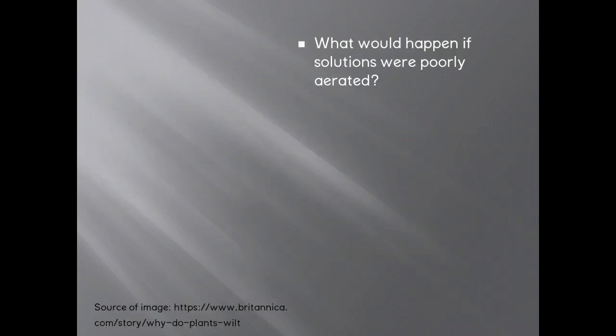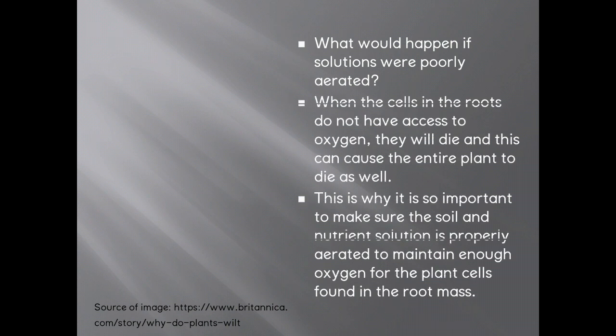Now we will see what happens if the nutrient solution is poorly aerated. The basic idea is that we all know the plant would die, but how? Let's see it.